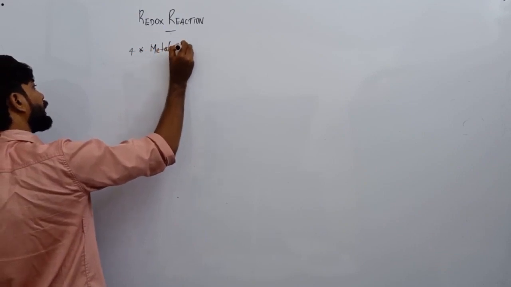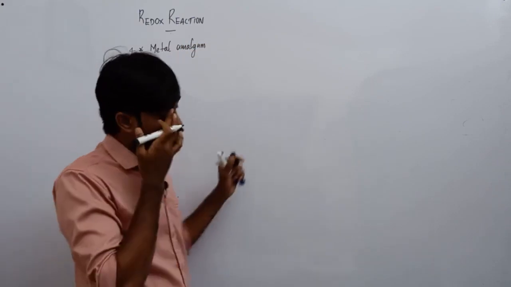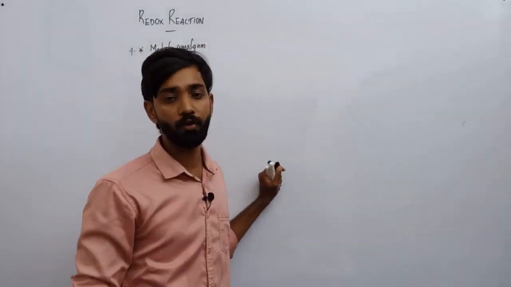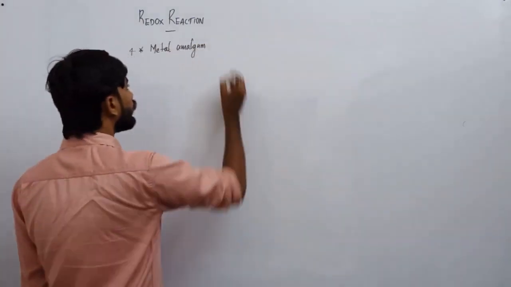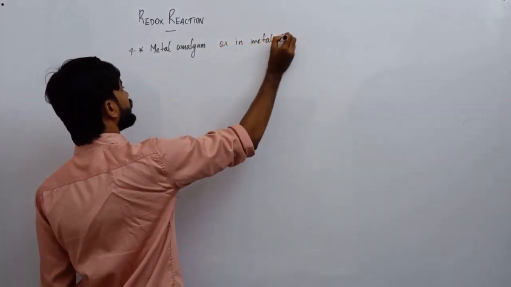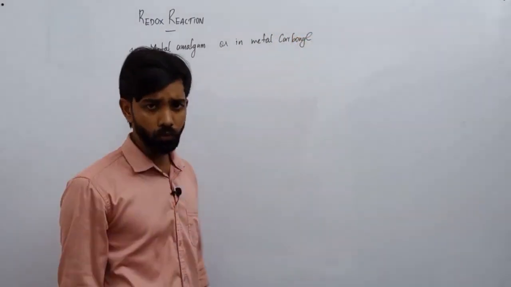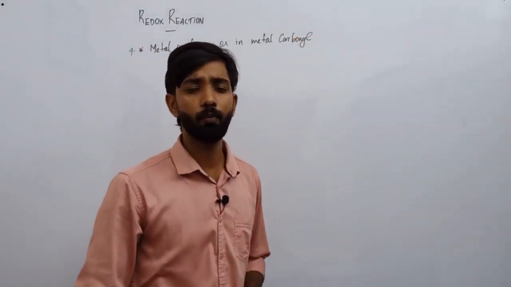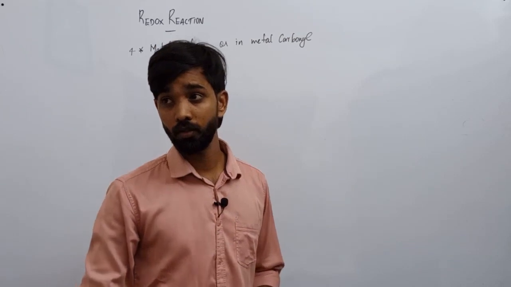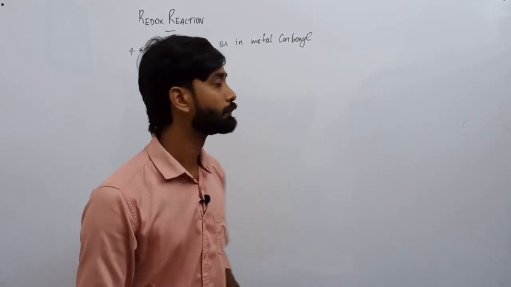A metal amalgam means any solid metal dissolved in mercury. And metal carbonyls are some compounds which you studied in your coordination compounds, with synergic effect and back bonding.